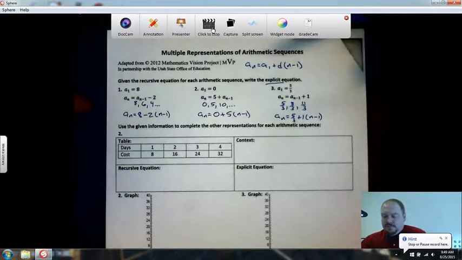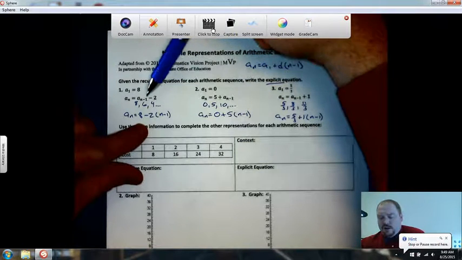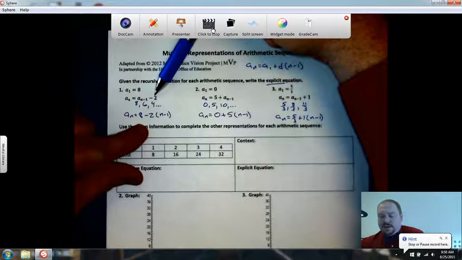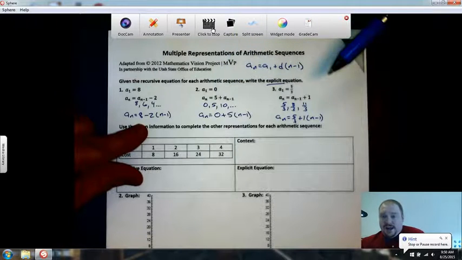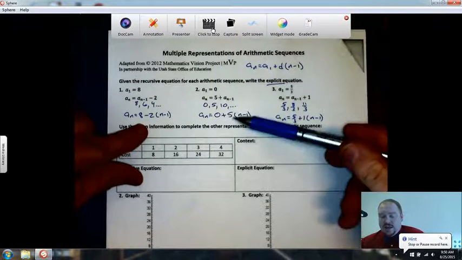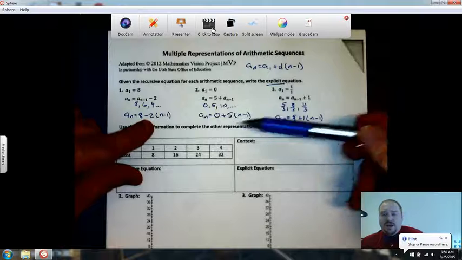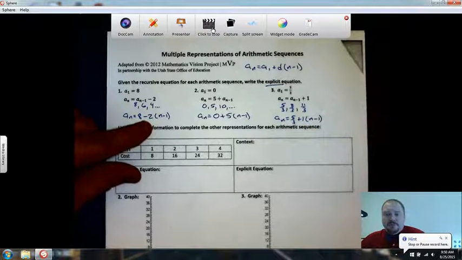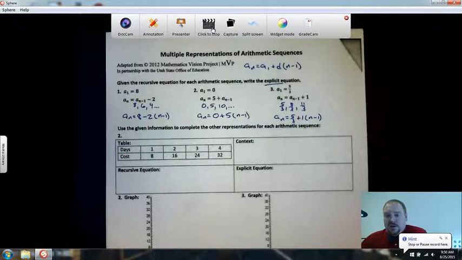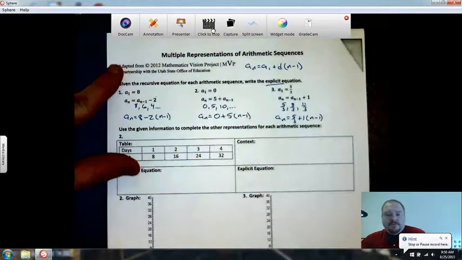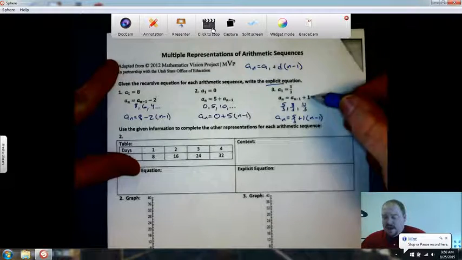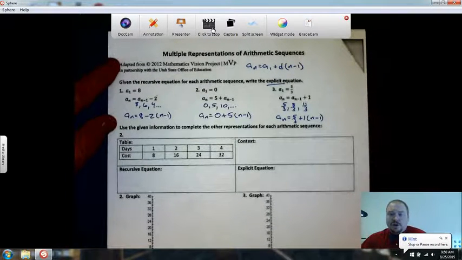So, if you notice, whatever we're doing, in this case subtracting 2, adding positive 5, adding positive 1, that's what goes in front of the n minus 1. So, essentially, this is d in the formula. Every time, that'll be d. So there's a shortcut for you.